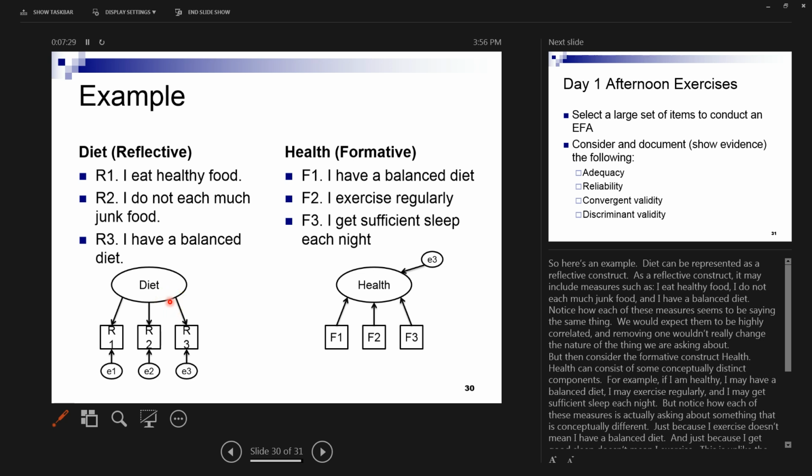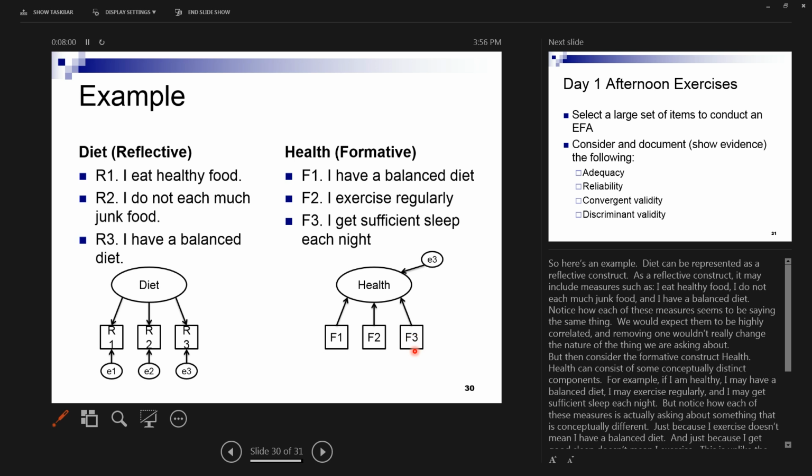Yes? So with formative, could you just use a regular multilinear regression to predict health? Health is nothing right now. Health doesn't exist, so we can't, as far as I understand your question. Health doesn't exist anywhere. It's this thing we're trying to figure out with these three items. And so the way to model this, if we get to PLS, I'll show you.